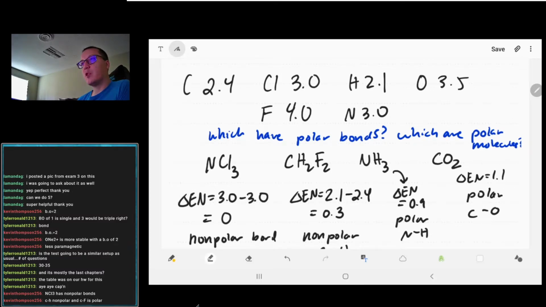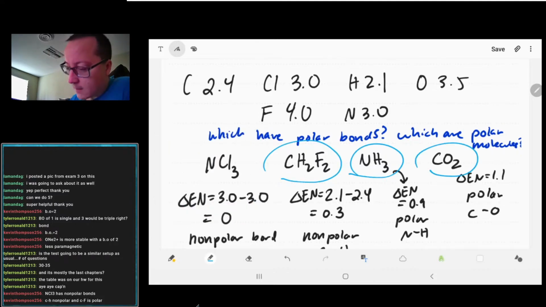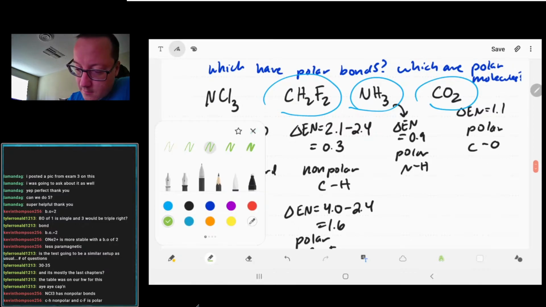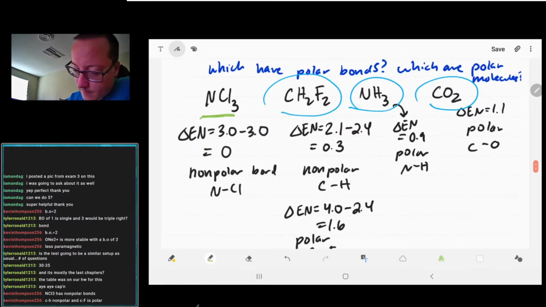So if we're to ask which ones have polar bonds, these three have polar bonds. If we were to ask which ones have non-polar bonds, that would be the ones that are with green. So the second compound there has some polar bonds, some non-polar bonds. So that's kind of what we're looking at there.